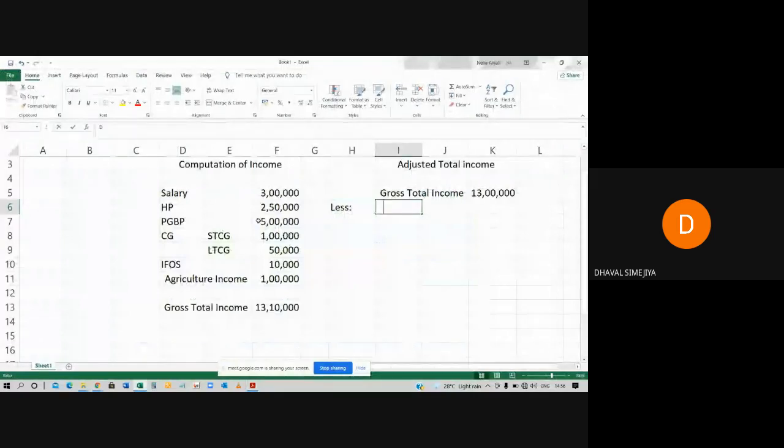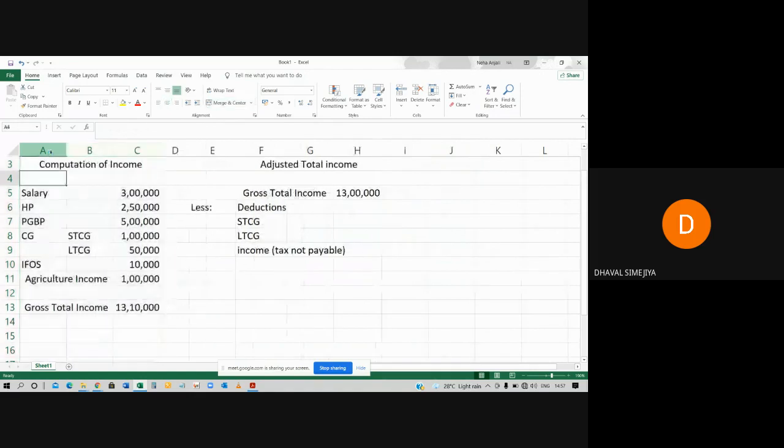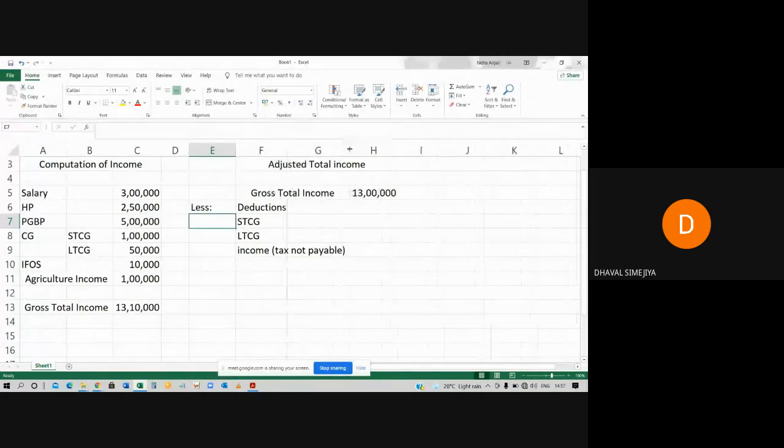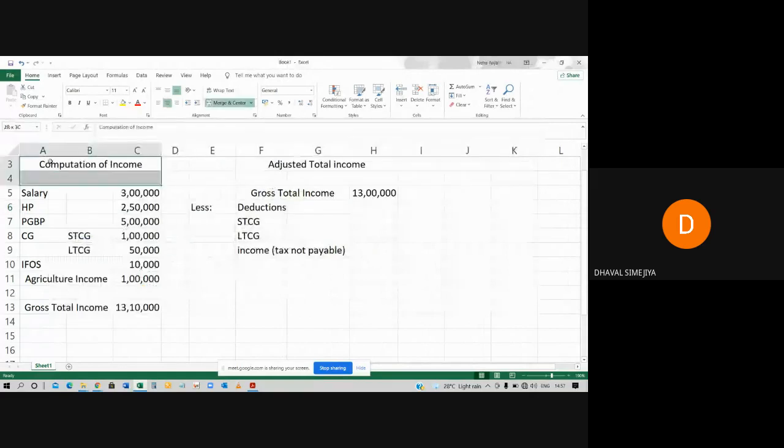Any deductions available? And short-term capital gain, long-term capital gain, and any income on which tax not payable. So first of all, deductions given. Here, any deductions detail given? Answer is no. So we will write 0.